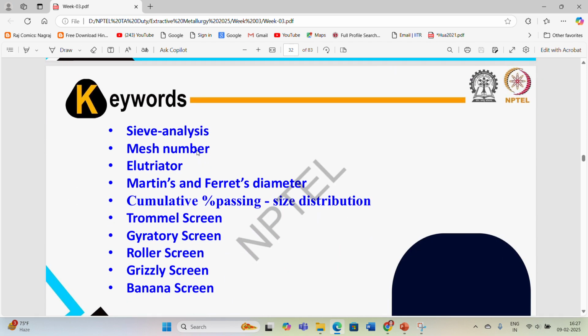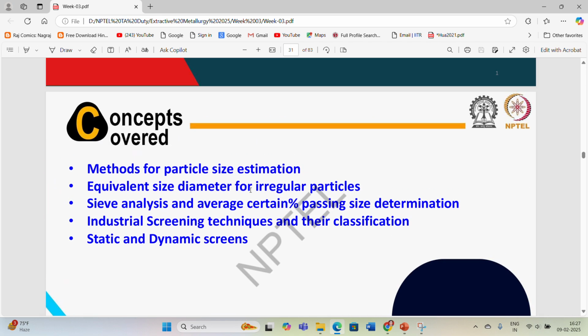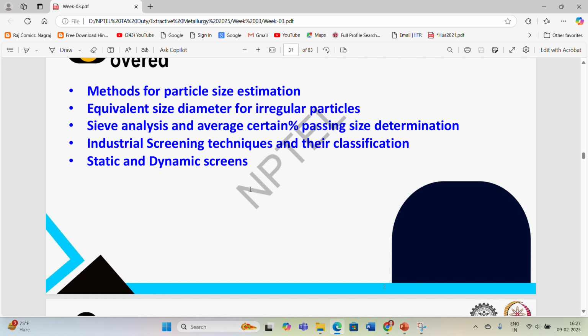Now when we analyze the physical properties of that particular concentrate, we came to know that, let's say, it contains a very wide size range.